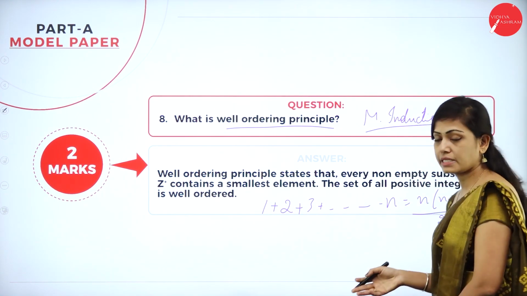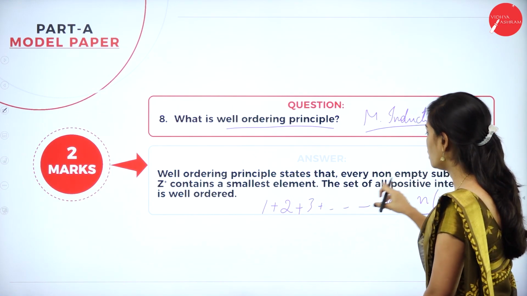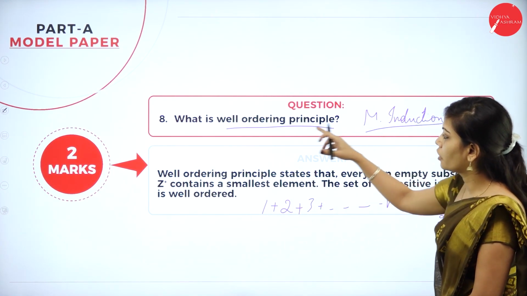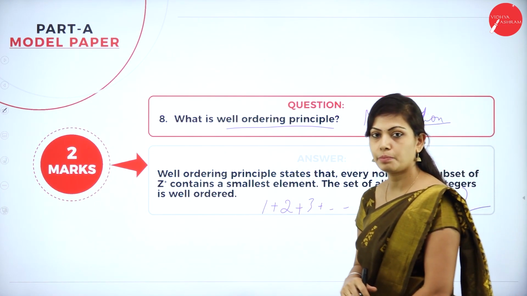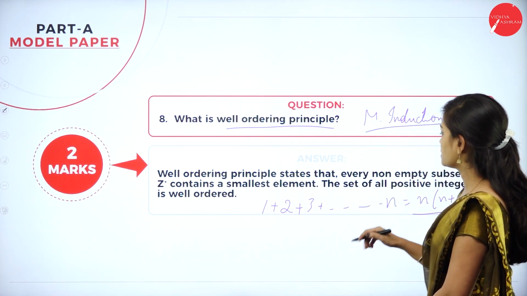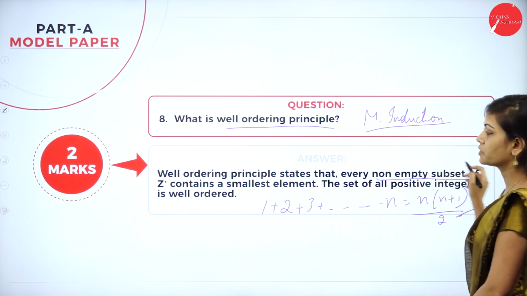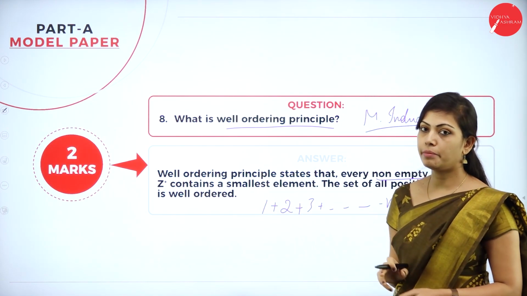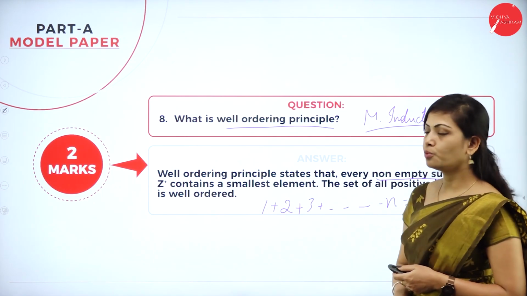You can take this example. So the set of all positive integers is well ordered. That is called the well-ordering principle. In the well-ordering principle, every non-empty subset of real numbers contains a smallest element. Clear? This is for 2 marks.